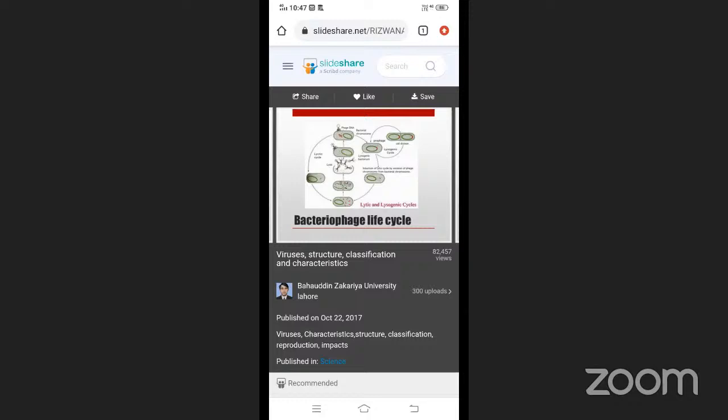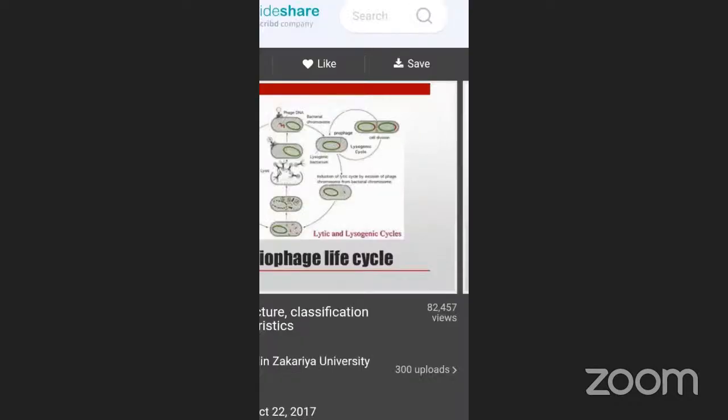They are individually synthesized and released as new virus. Another one is the lysogenic life cycle. What happened here? The virus genome is associated with the host genome. So in this lysogenic cycle, some recombination occurs. The recombination occurs.